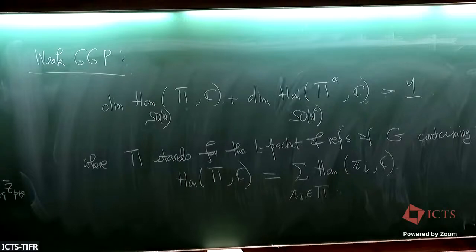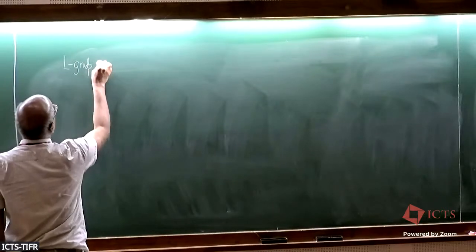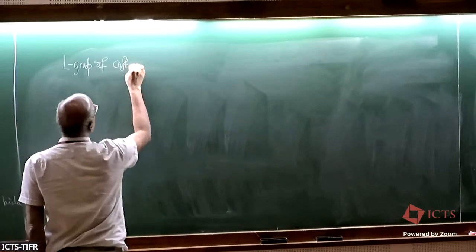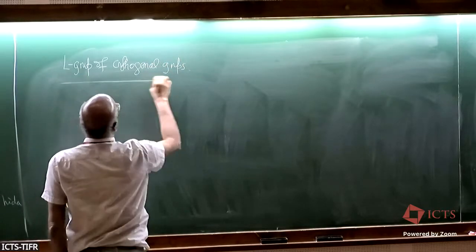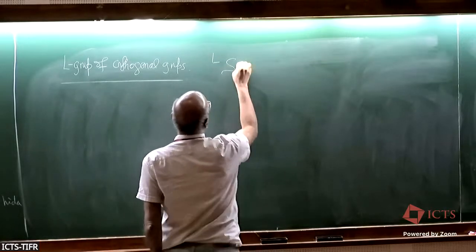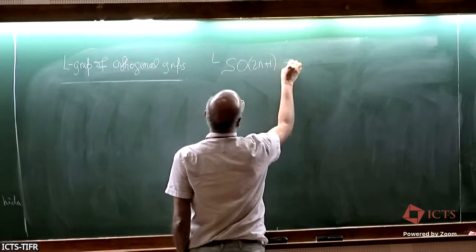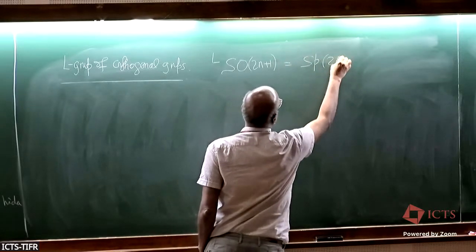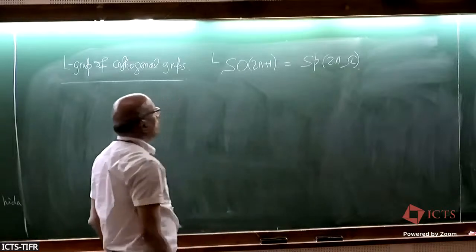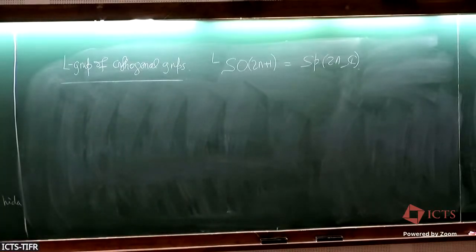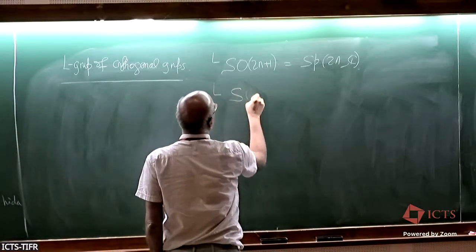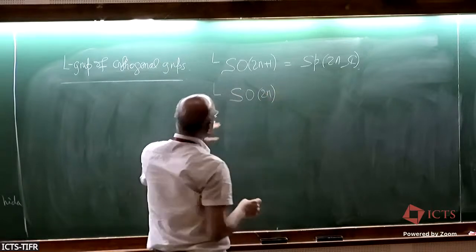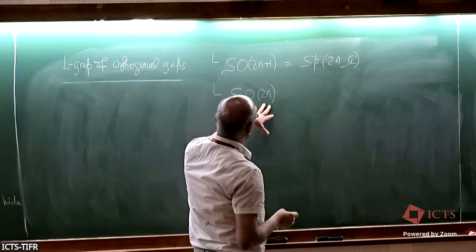Okay, so I need to talk about the L group of orthogonal groups. The L group of SO(2n+1) is Sp(2n, C), so somehow that's a bit simpler group, whereas the L group of SO(2n) can be slightly difficult, because there was this thing about split versus quasi-split.